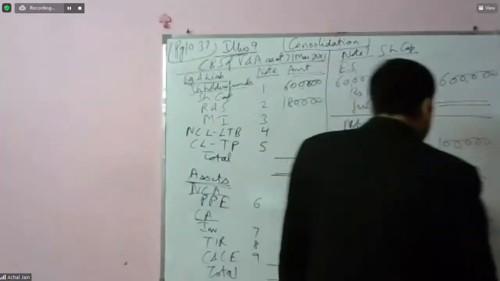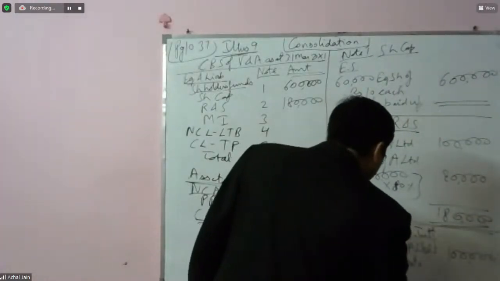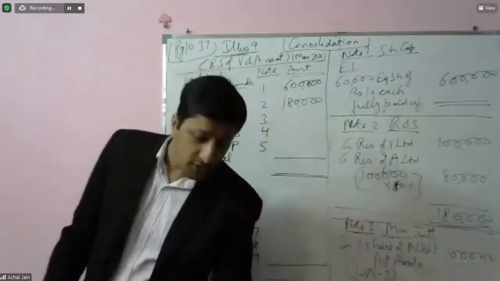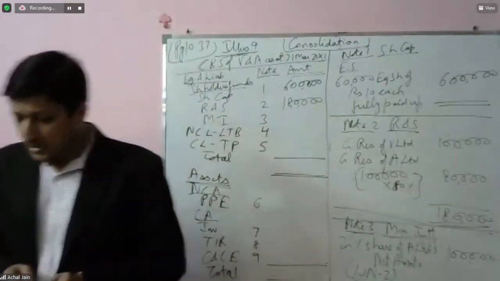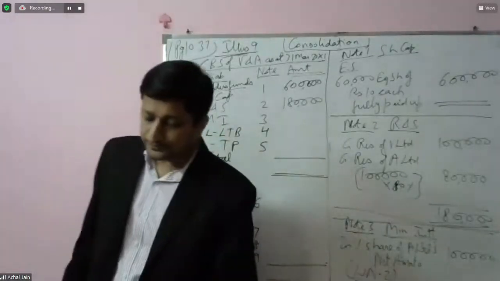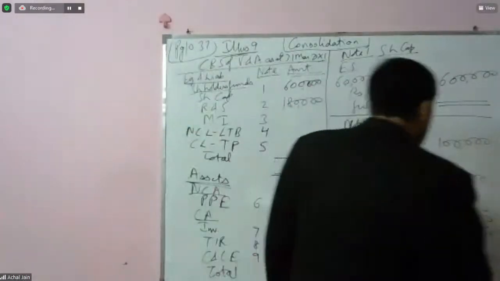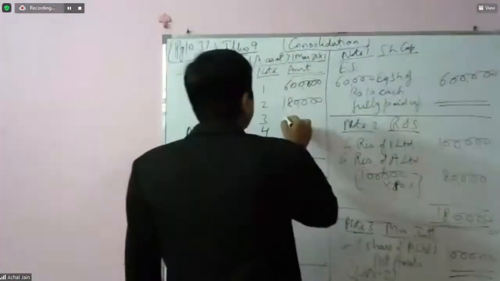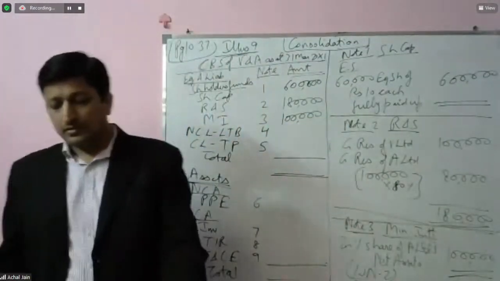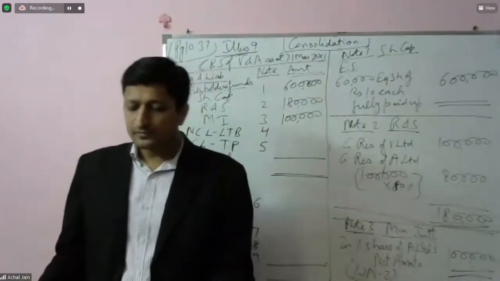That was 1 lakh. How did we compute this? We can give the reference of working note number 2. We have just computed this in a working note and we have given the reference of that working note. Okay, clear? So this is also 1 lakh. This is also done. Simple, easy to do.